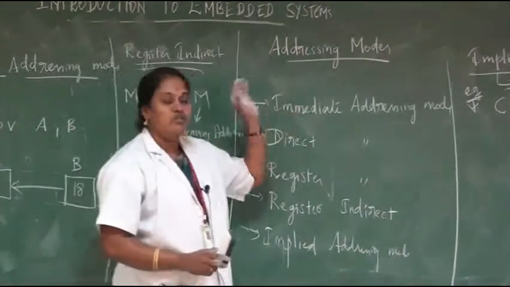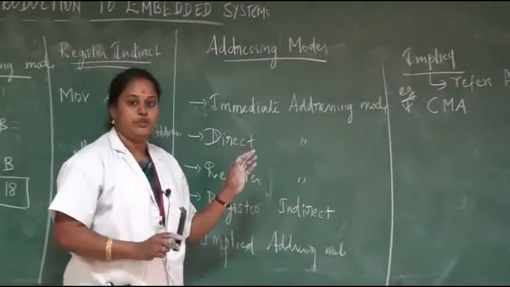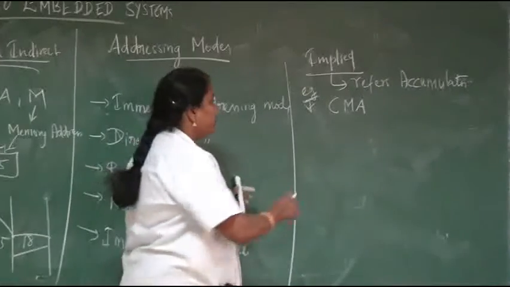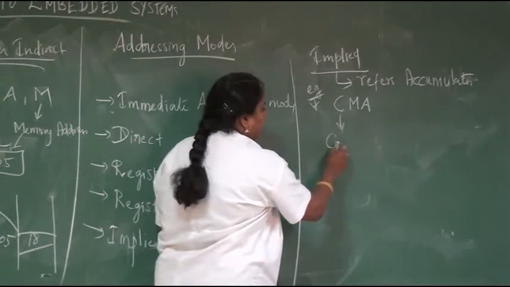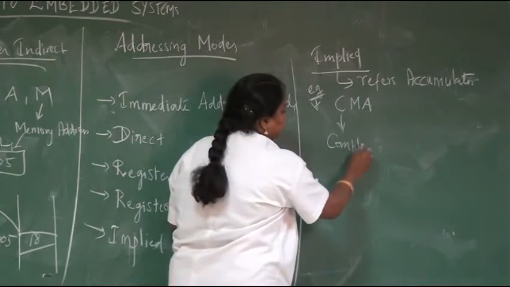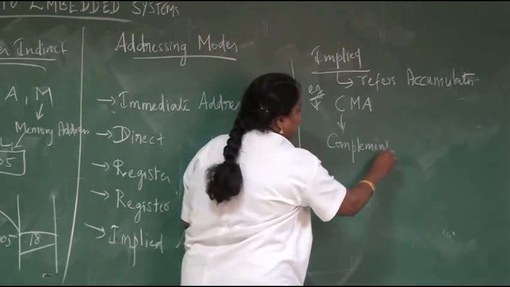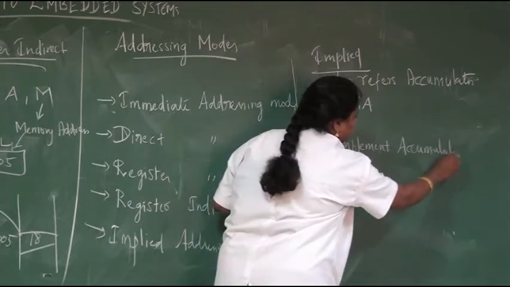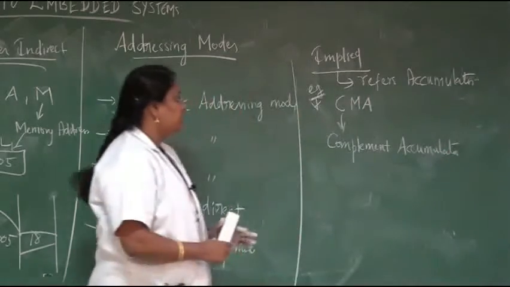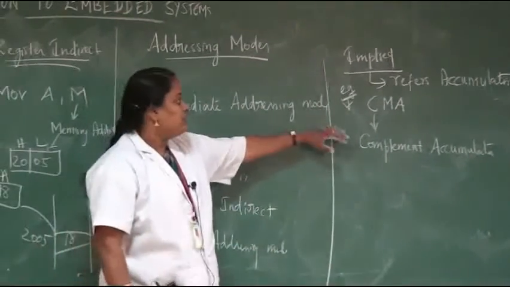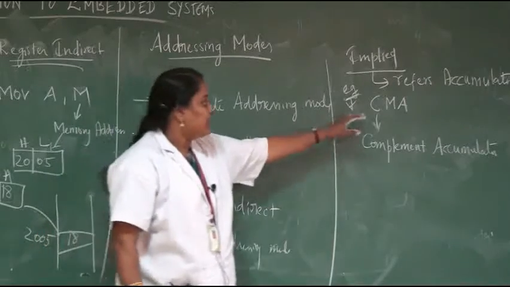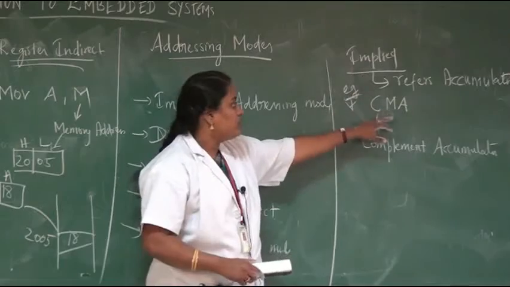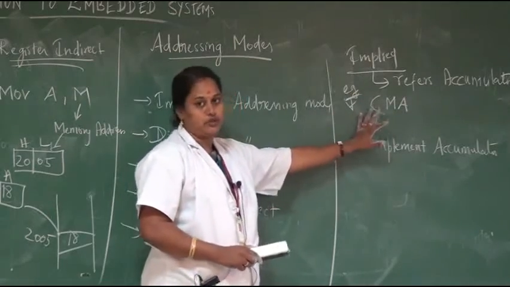It is going to refer only to the accumulator register for its processing. For example, CMA. CMA stands for complement accumulator. The processor refers to the accumulator for processing its data. So by default, implied addressing mode refers only to the accumulator for its processing.